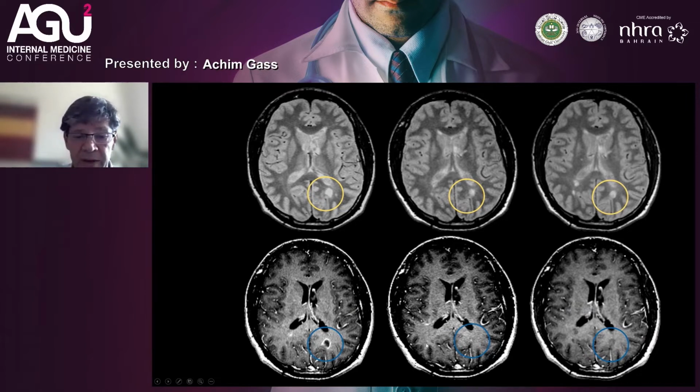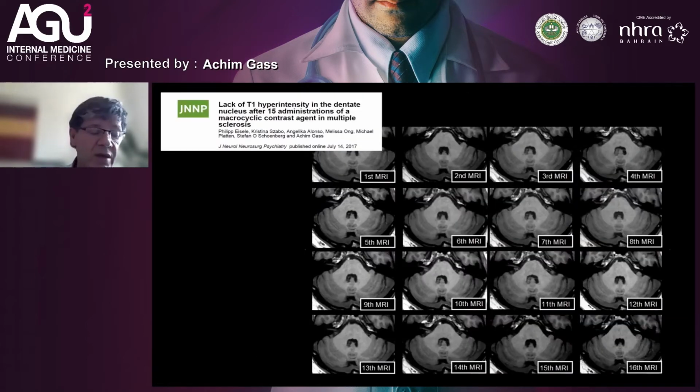But on month 2, there are 2 other areas that show contrast enhancement. So this is highly dynamic, while you don't see any of these features on clinical grounds. This patient did not show any symptoms for these lesions. So it is very informative to have this available.